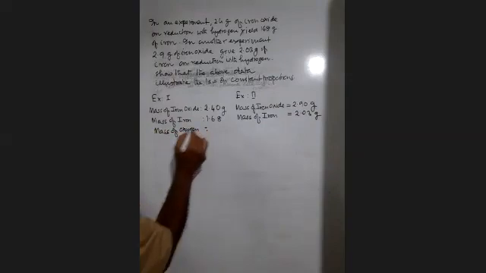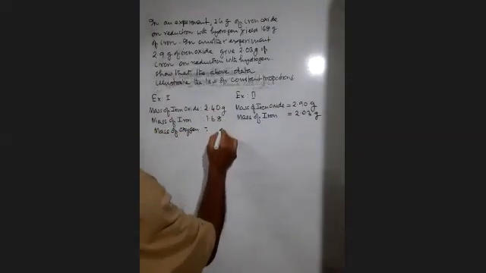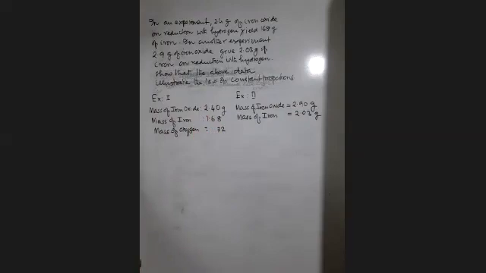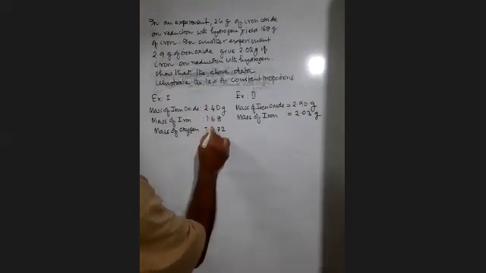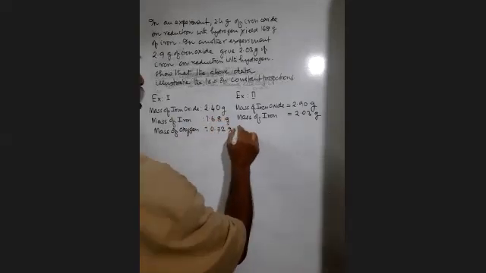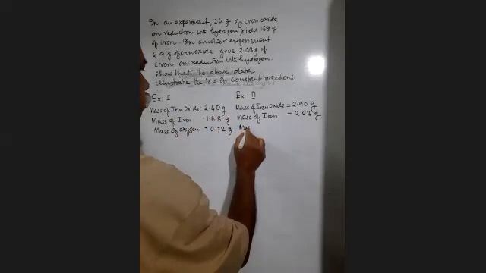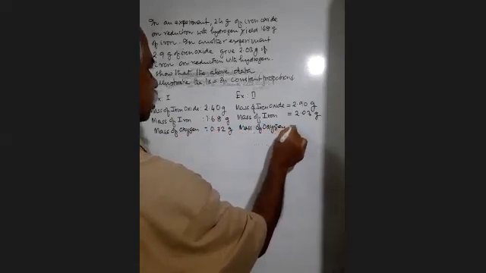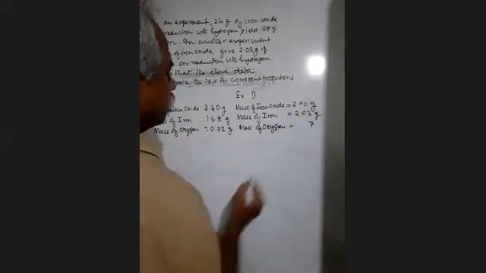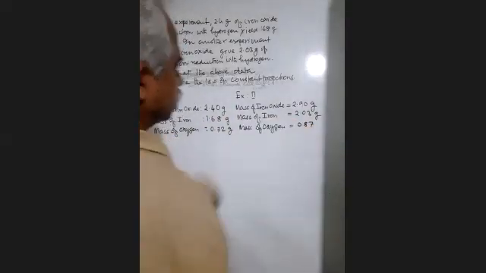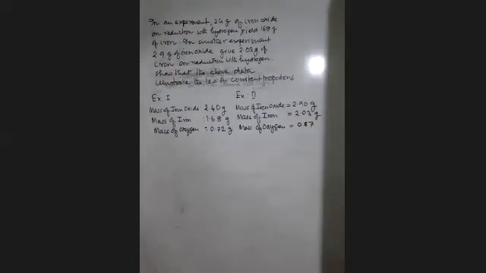So how much does it come? It is 2.70, and here the mass of oxygen is, let me subtract, 0.78. Then we'll find out.